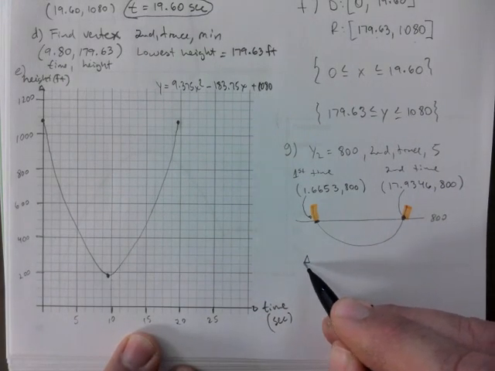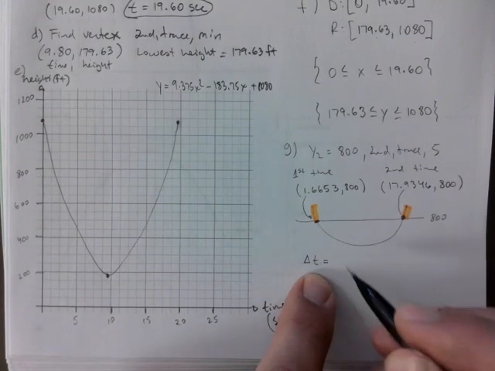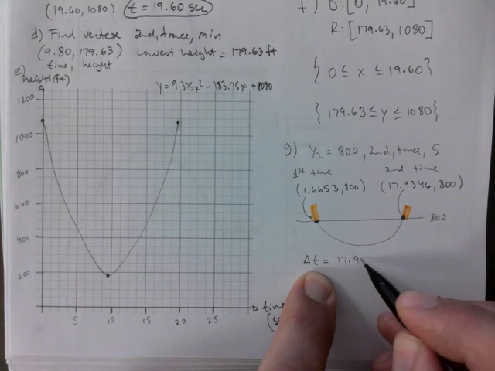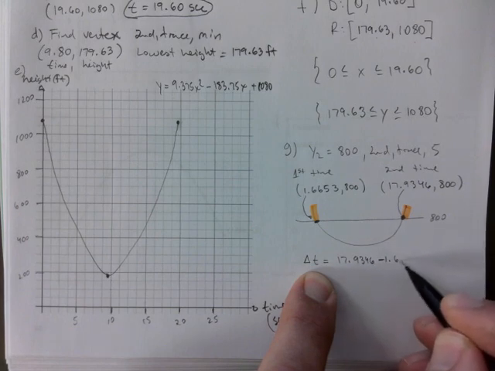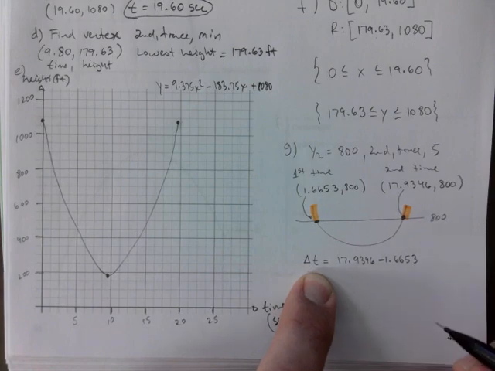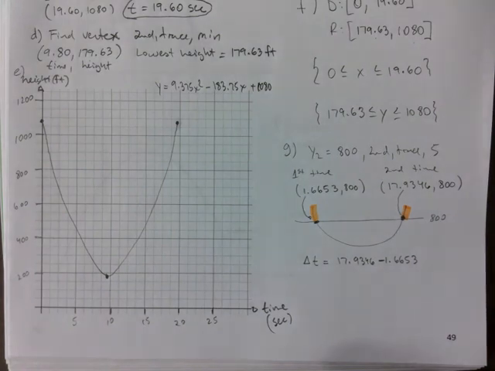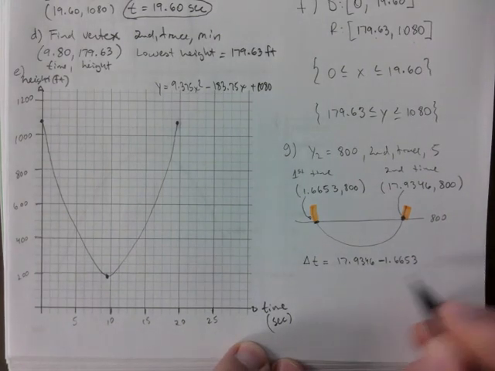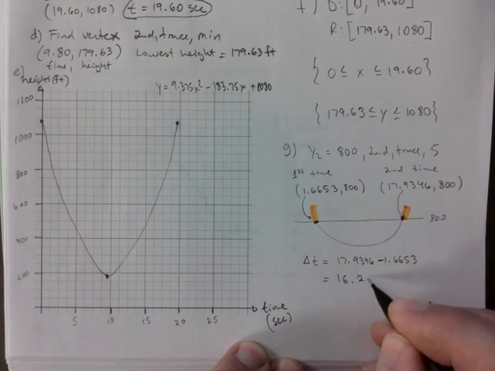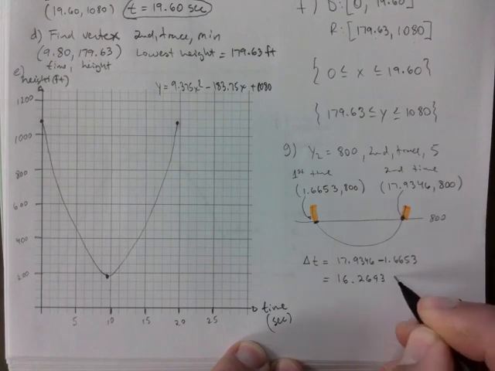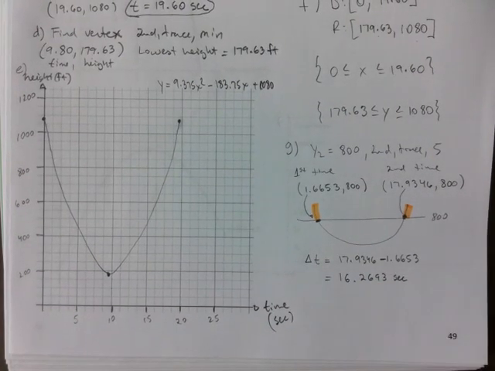If you do delta t in this case, you have to be very careful. You would go 17.9346 minus 1.6653. And what do you get there? You get, watch this, 16.2693 seconds. What have you just found when you subtract that?